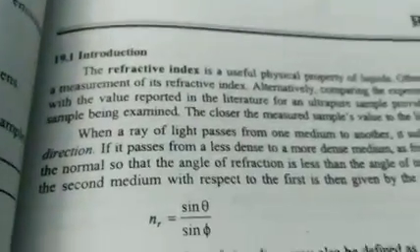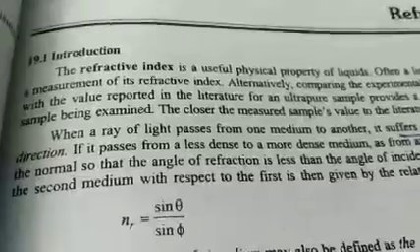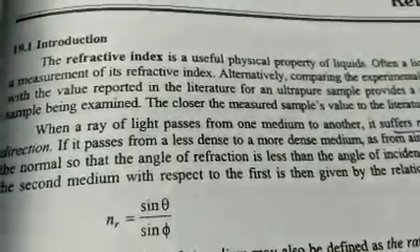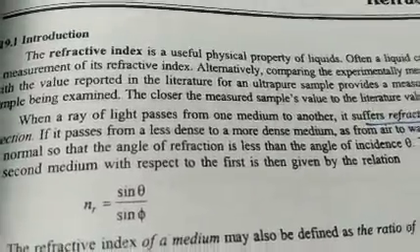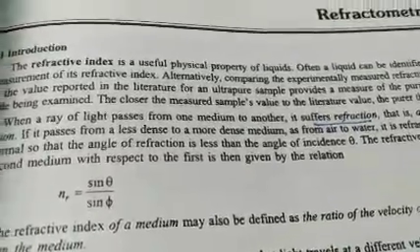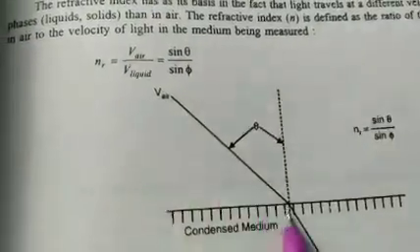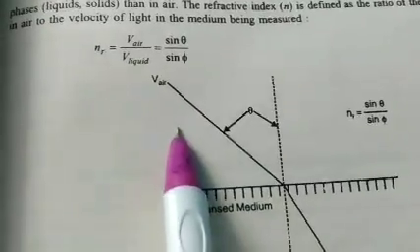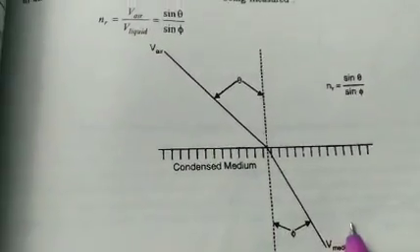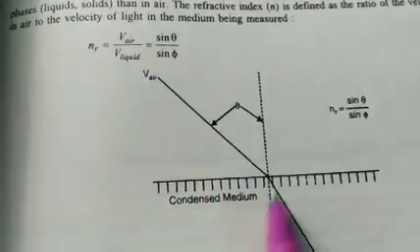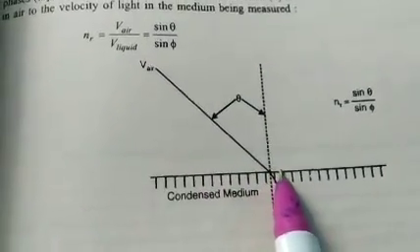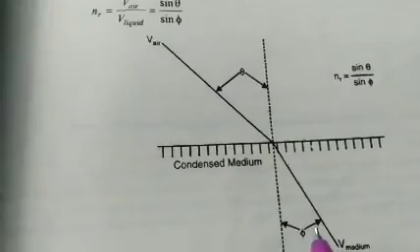When light passes from one medium to another, it suffers refraction, and that is the change of direction. If light passes from one medium, here air or vacuum, to a second medium, water, there is some refraction of light.